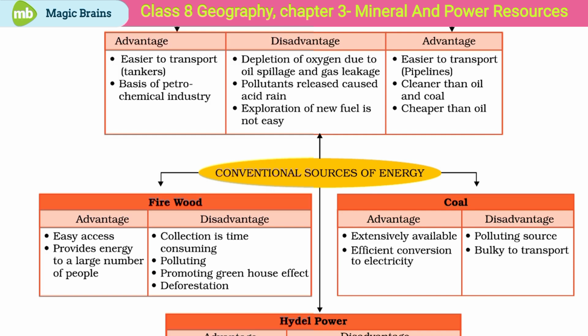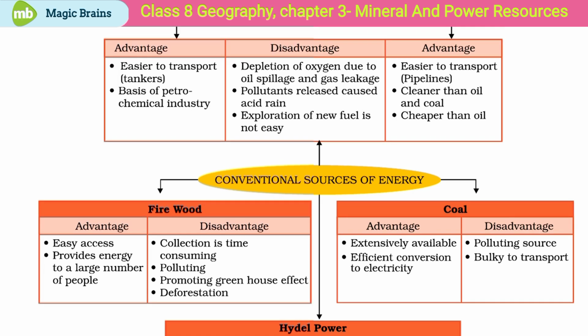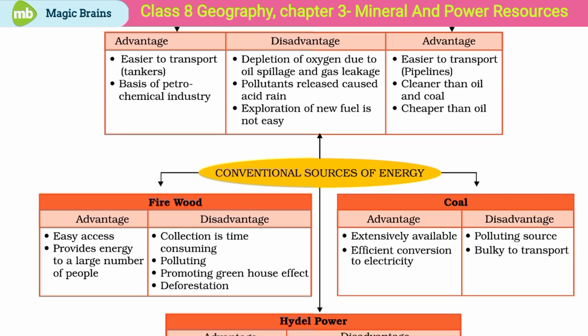Number 4, deforestation. The advantages of coal are: number 1, extensively available. Number 2, efficient conversion to electricity. Disadvantages of coal are: number 1, polluting source. Number 2, bulky to transport.